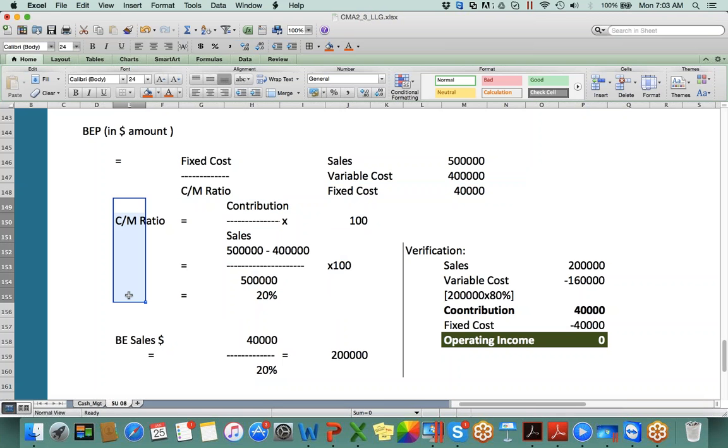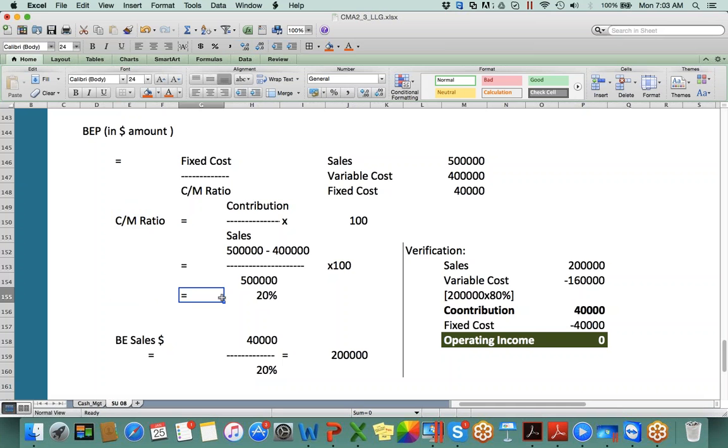Don't get confused between contribution margin and contribution margin ratio. Contribution margin simply means the difference between sales and variable cost, whereas contribution margin ratio gives you the percentage of contribution which is included in sales. So just assume that contribution margin ratio is expressed in percentage and contribution is expressed in amount, either per unit or as a total amount.